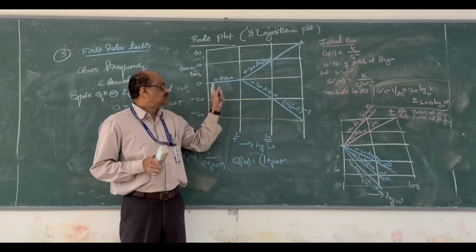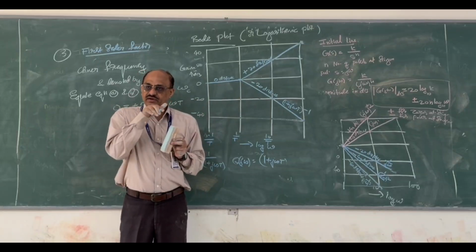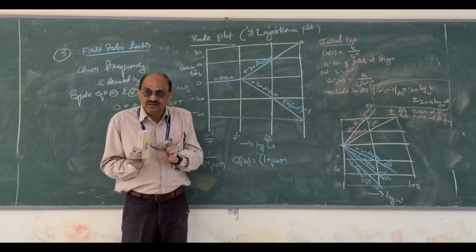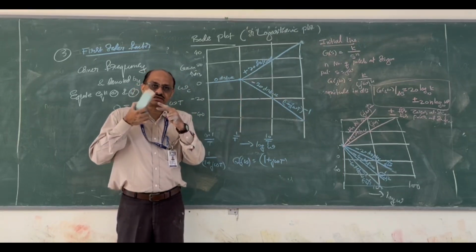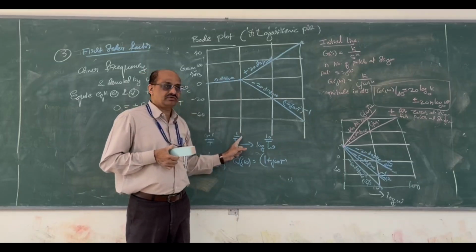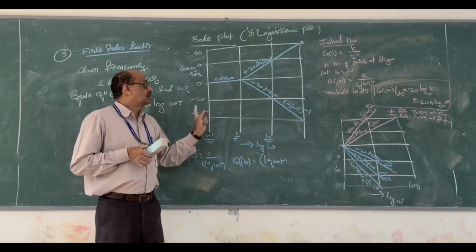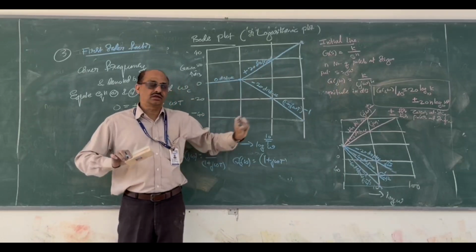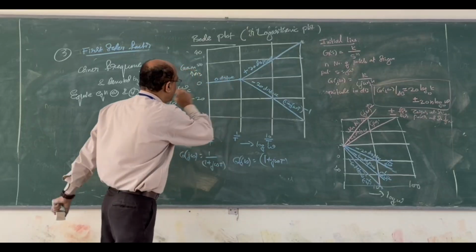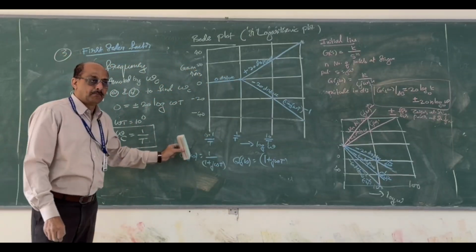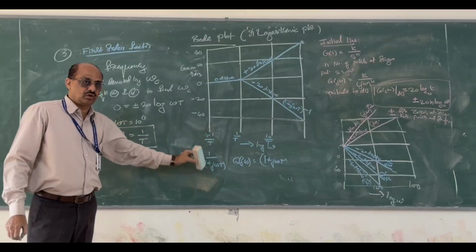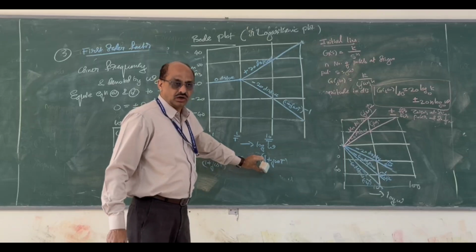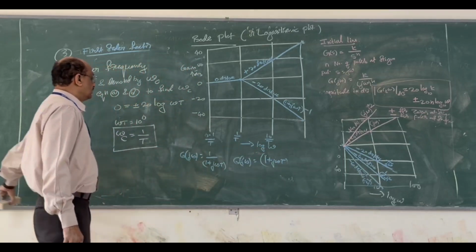It has two things: the 0 dB line as well as the minus 20 dB per decade line, with a corner at the frequency given by 1 by t. For a simple zero, it is always plus 20 dB per decade, nothing other than that. So I think that's the sketch for your simple pole, or a first order factor, or a simple zero, or a first order zero, which has a corner.